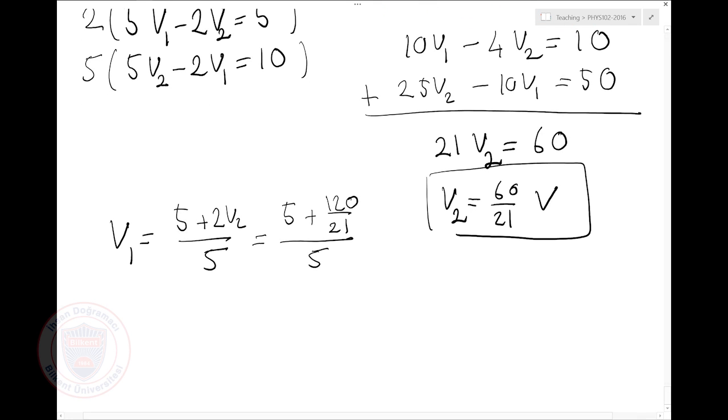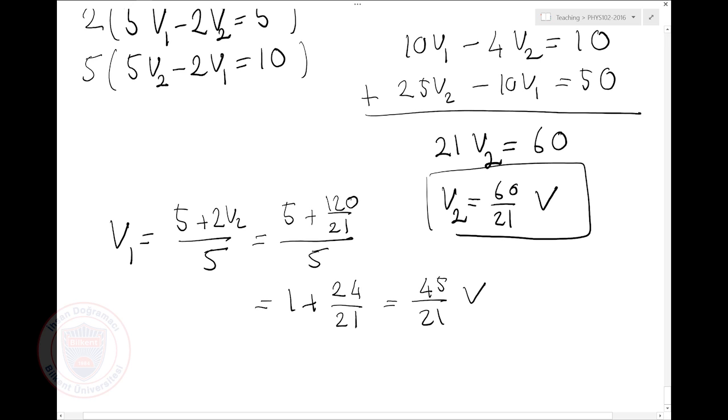Or it's going to be 1 plus 24 over 21, right? So it's going to be 45 over 21 volts. Okay?